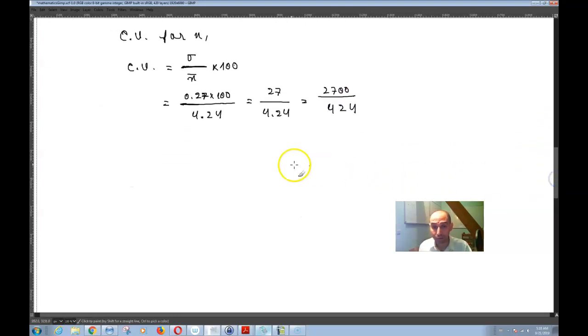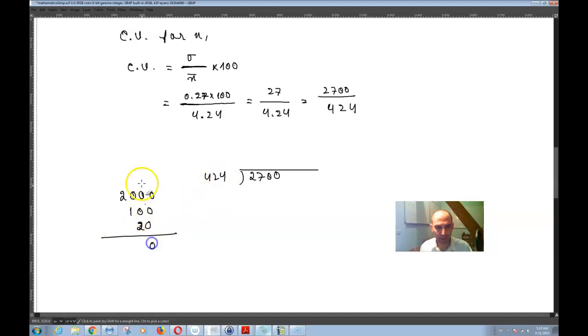Now 2700 divided by 4.24 is equal to 5 times 400 is 2000. 5 times 20 is 100, and 5 times 4 is equal to 20. So you have a 0, you have a 2, you have a 1, and you have a 2.